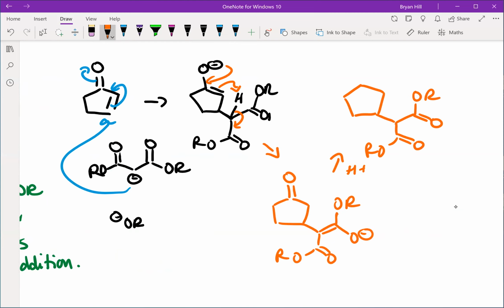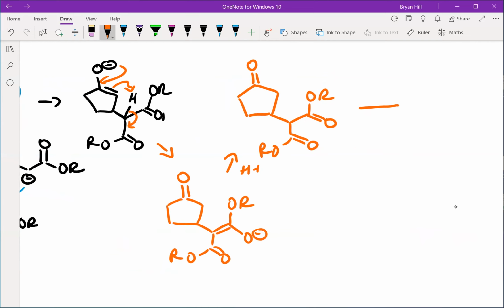Then the last step, which we covered last class, is if you take the acid and you heat this up, we will lose the carboxylic, we need water in there.